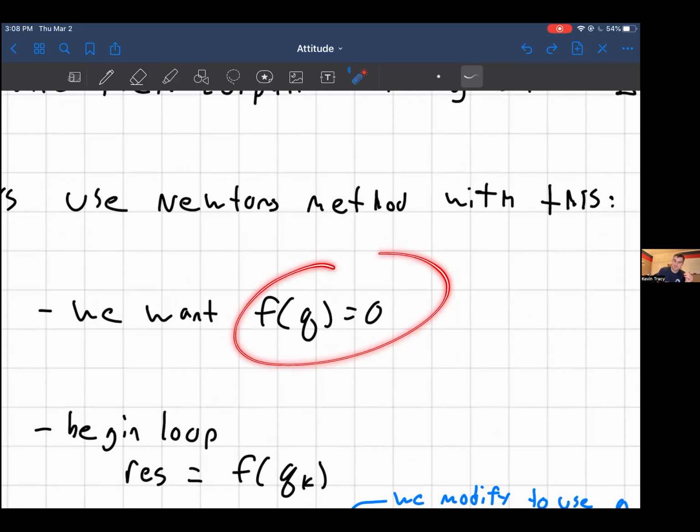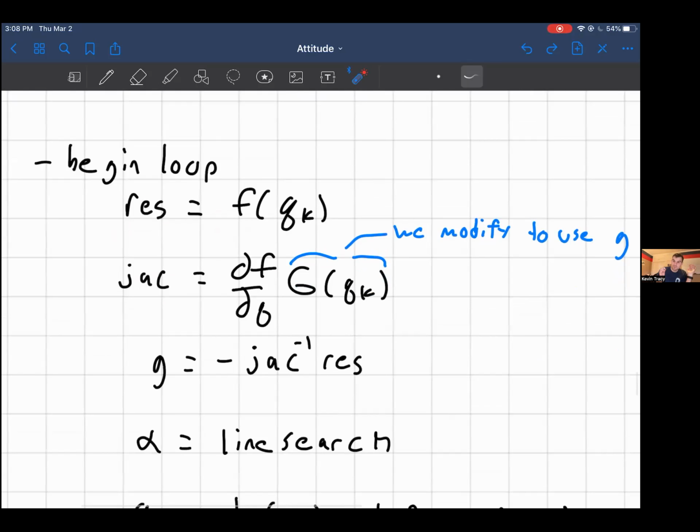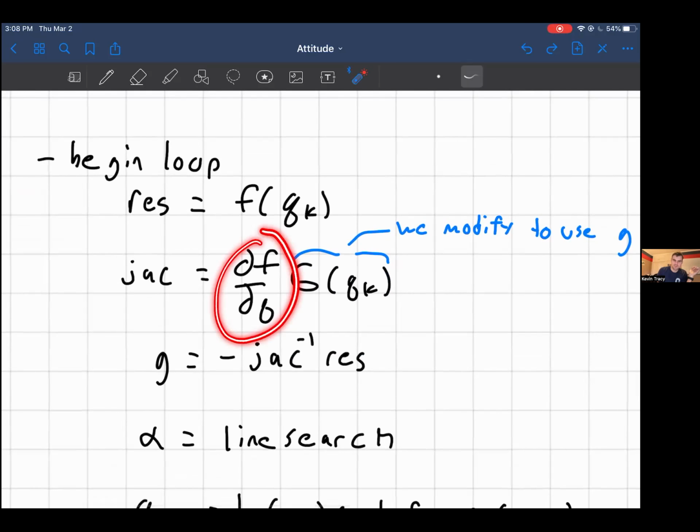If I want f of q to equal 0, the way I'll do Newton's method looks super similar, but with 2 slight changes. The residual function I compute the same way, no changes here. When I compute the Jacobian, now I see the first change. Instead of the normal Jacobian df dq like we would for a normal Newton's method, I take my Jacobian and modify it with my additive Jacobian.